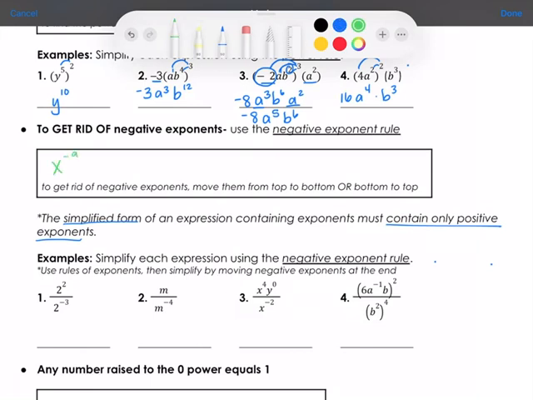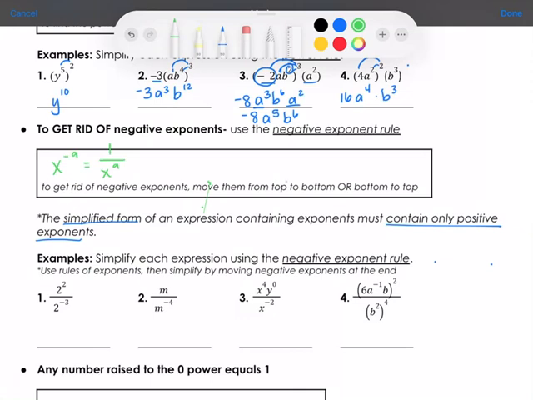If I have x to a negative exponent, what I'm going to do is move it to the denominator, so I would put this down below, x to the positive a, it becomes positive, and since there's nothing on top, I just put a 1 in its place.